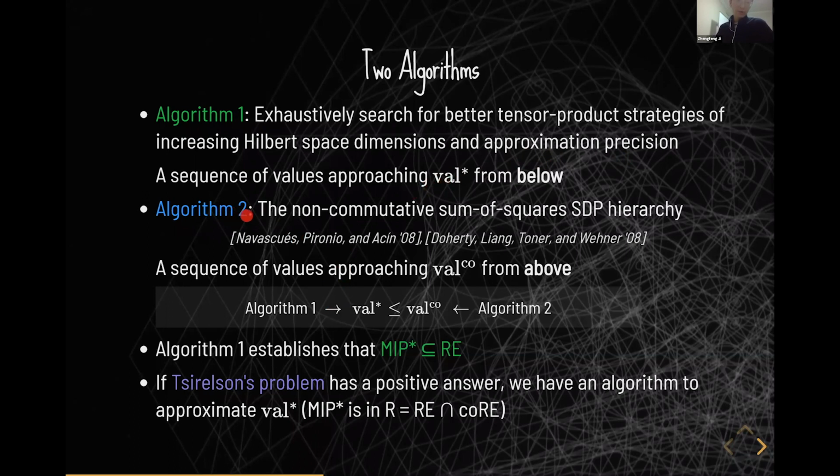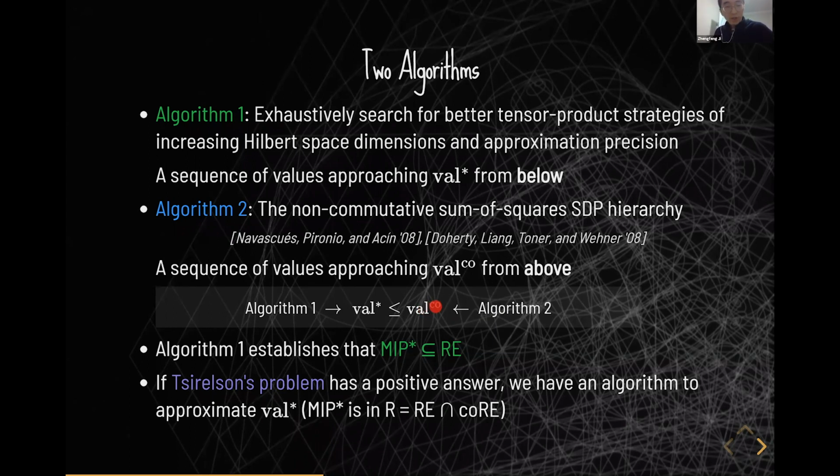Interestingly, there's another algorithm which is much more non-trivial. This is also known in the literature as the NPA hierarchy. It's a hierarchy of SDPs, which gives us values that approximate the commuting operator value from above. So algorithm 2 would give you a sequence of values that are decreasing and converge to this commuting operator value.